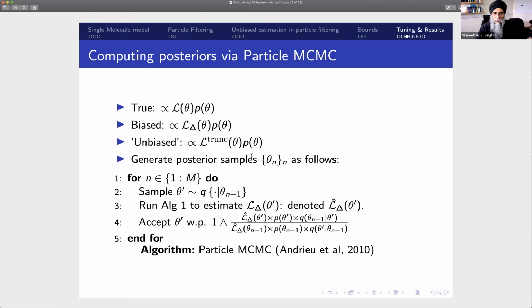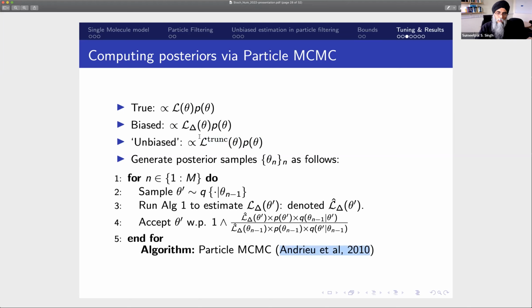So we could visualize the shape of at least these two posteriors, because we don't know what the true one is except for toy examples. We could visualize the shape of these two posteriors by running Markov chain Monte Carlo, and all you need to do is have an unbiased estimate of this or this, which we know the particle filter gives us. Okay, it's a very simple algorithm. It's due to Christophe, Andrew, and others. It's a direct paper in JRSSB. It's not particle MCMC, as most of you will know.